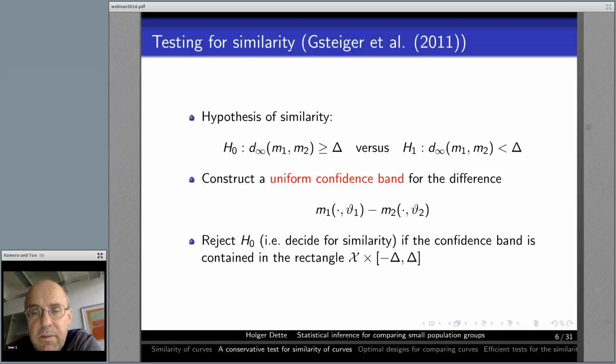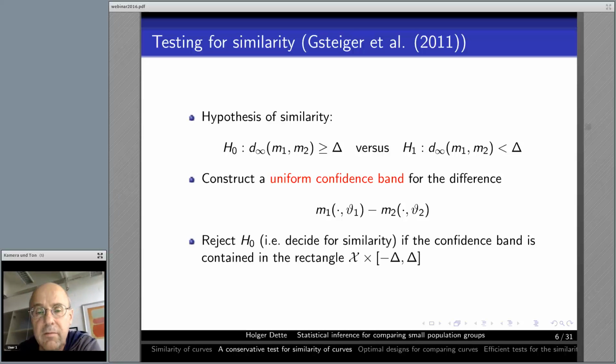Don't be confused by that, just remember confidence band. They construct a confidence band for the difference of the two curves, and then they reject the null hypothesis if the rectangle, the Cartesian product of the interval minus delta to delta, contains this confidence band. This sounds very complicated, but with a picture it's quite clear.